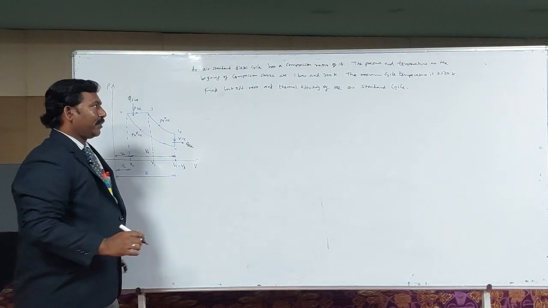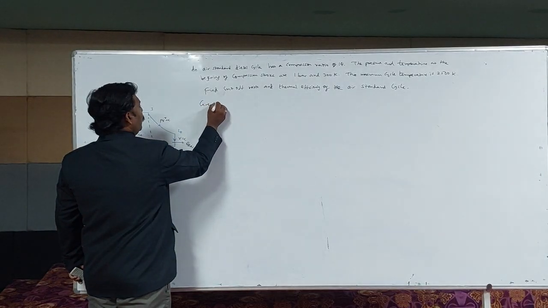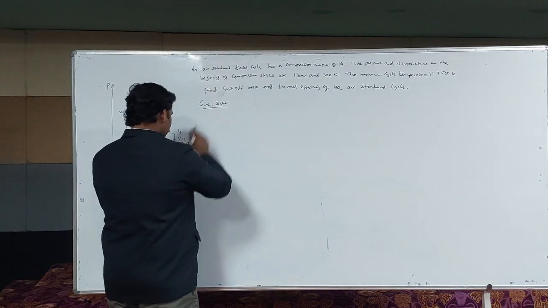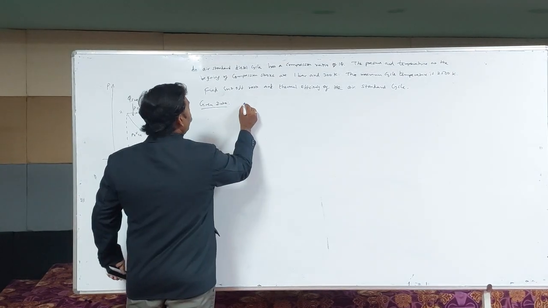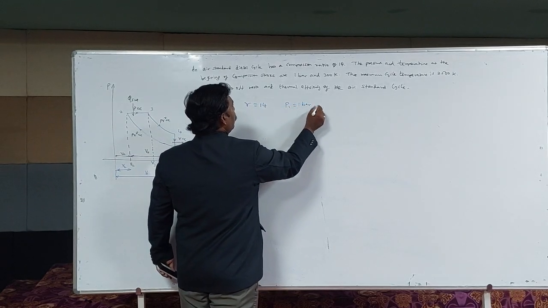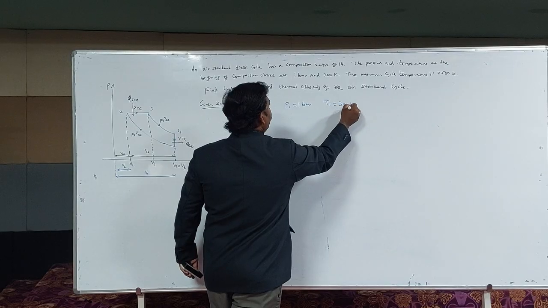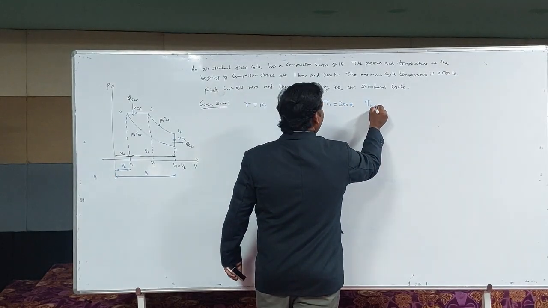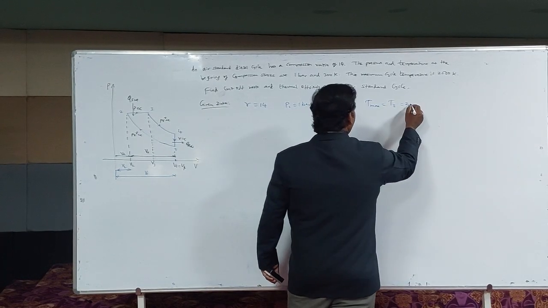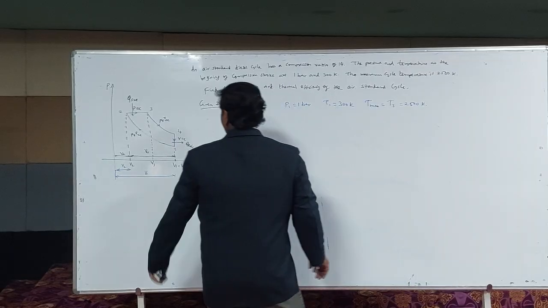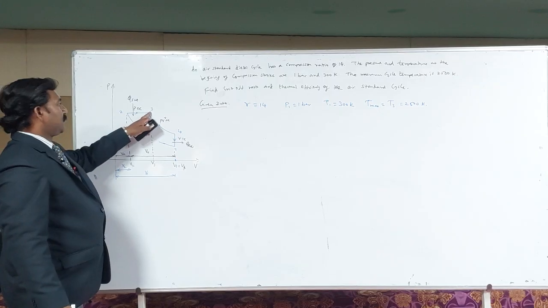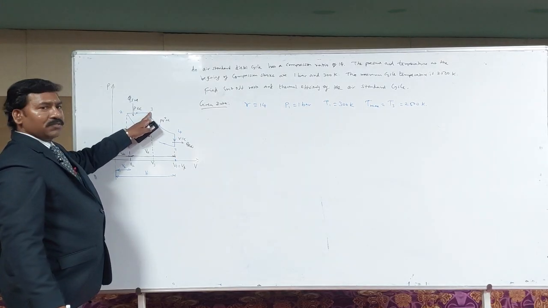So, let us start with the given data. For the problem, you have to write the given data. The compression ratio r is equal to 14, and the pressure at the inlet is equal to 1 bar, and the temperature at the inlet is equal to 300 Kelvin. The maximum cycle temperature T max is equal to T3, because in process 2 to 3 only heat is supplied. Therefore, the third state will have the maximum cycle temperature.